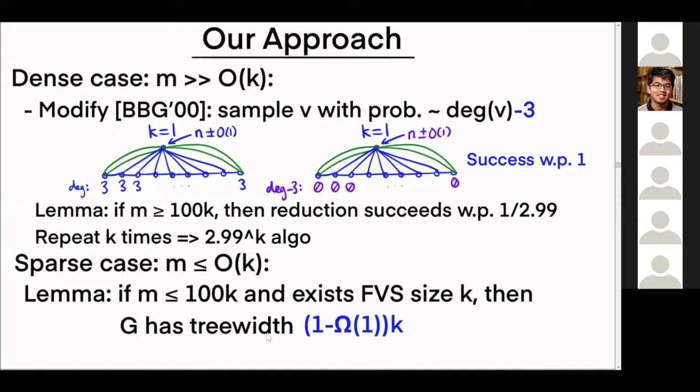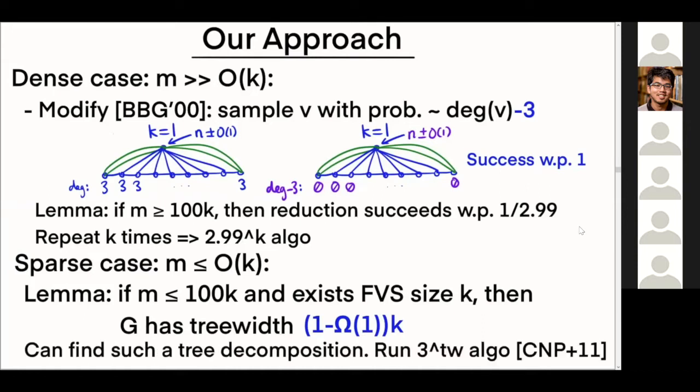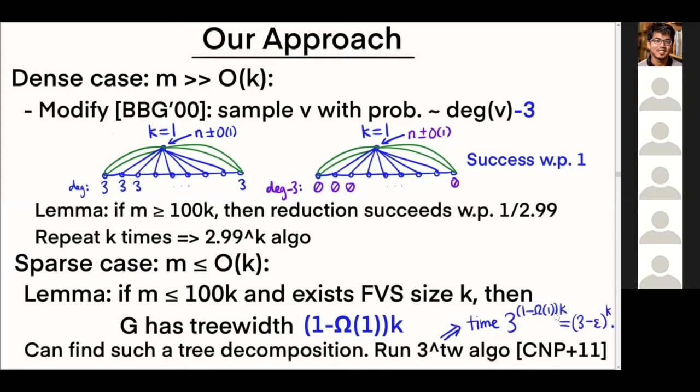So it has treewidth (1 minus epsilon) times k. And that's good for us because we can then run the 3 to the treewidth algorithm, and this will take time 3 to the something strictly smaller than k, which is some (3 minus epsilon) to the power of k. Moreover, we can find such a tree decomposition, and we'll see this later on.